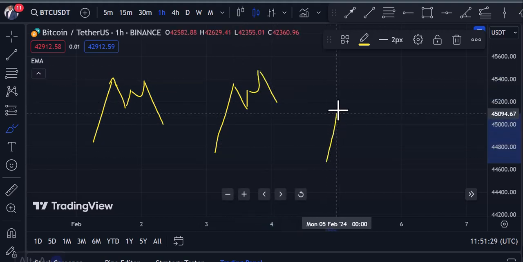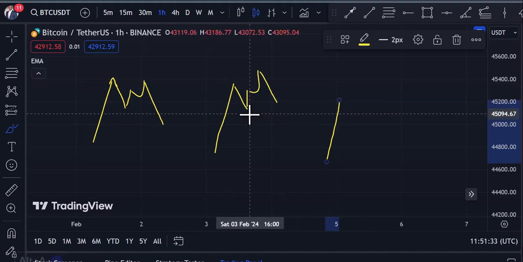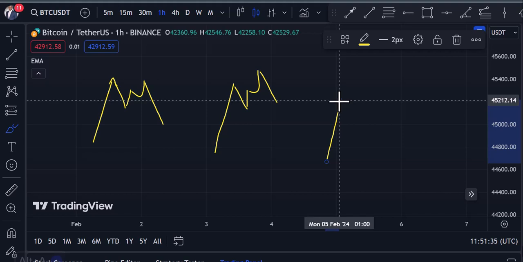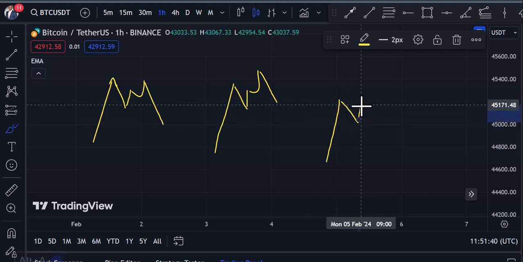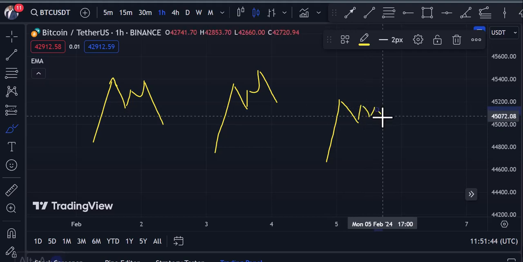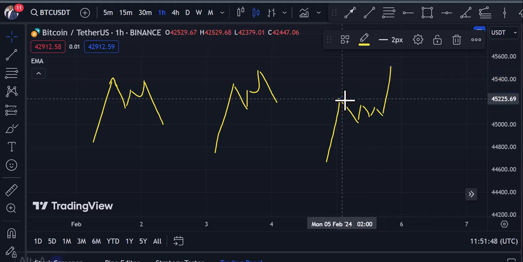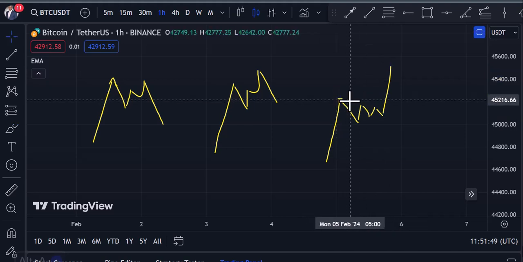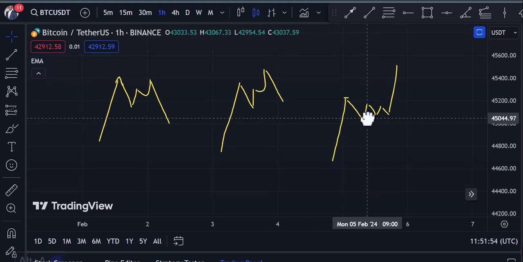We have another one, and this particular one is called a running flat. We have an impulse, the market makes. This is called a contracting flat, because it does not break up, it does not break down. Then we have the final one.